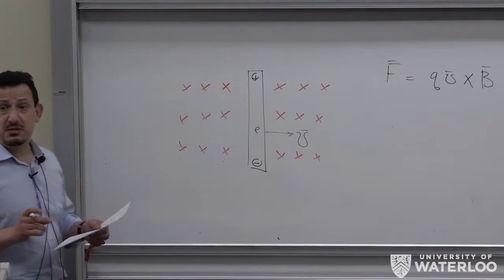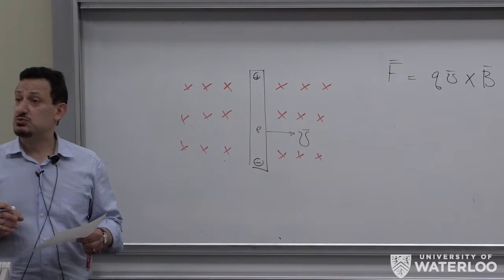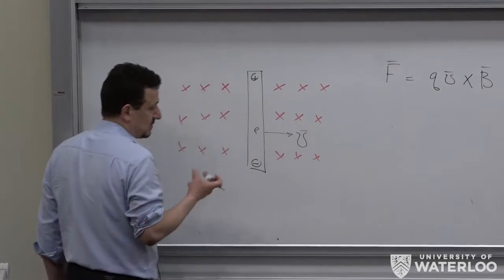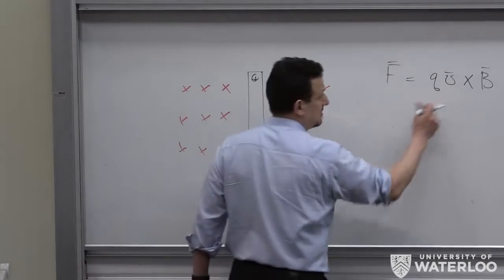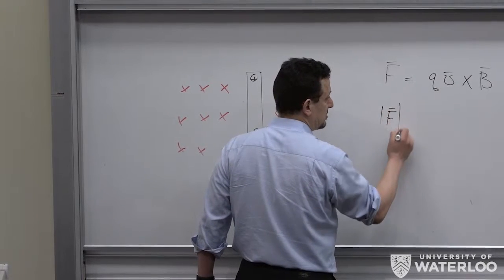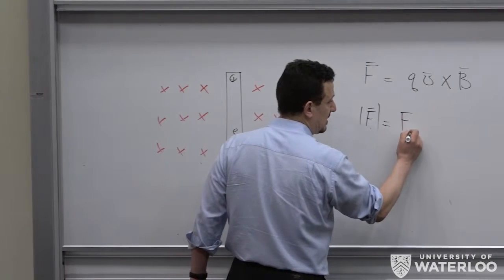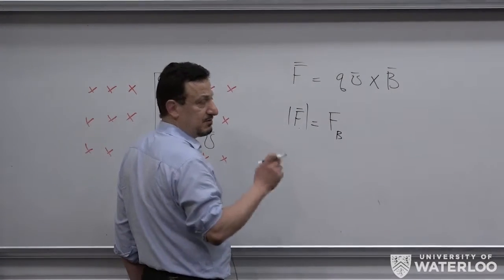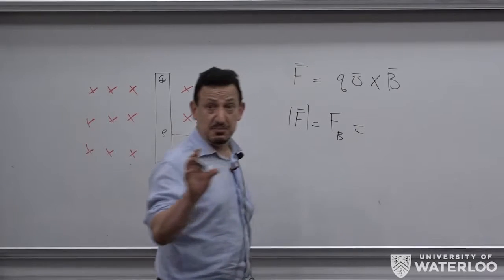What is the magnitude of that force that the charge experienced? It's right there. The magnitude of that force, we're going to call it F sub B because it's due to the magnetic field. This is a model.